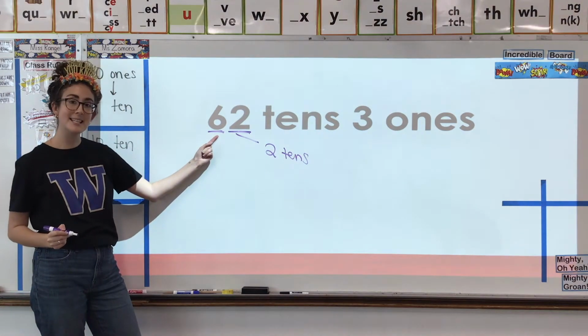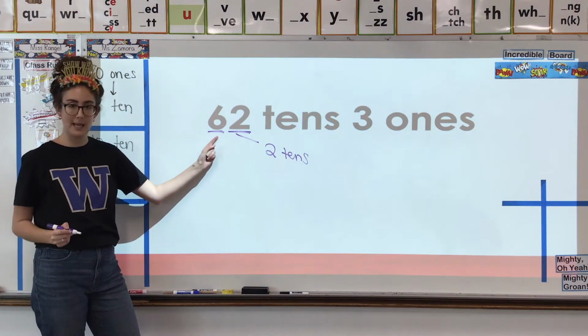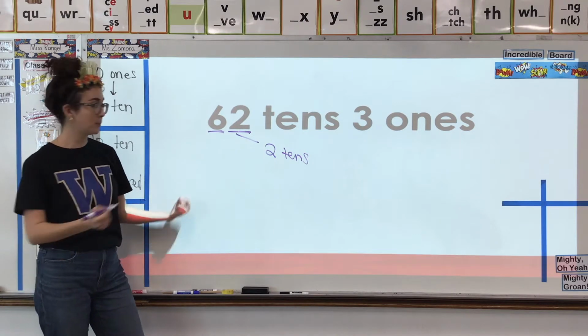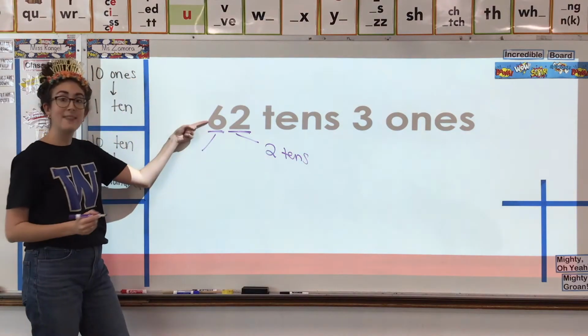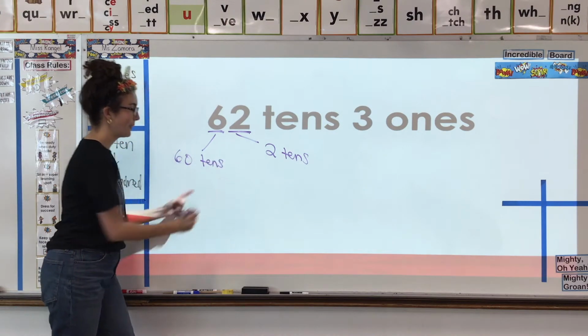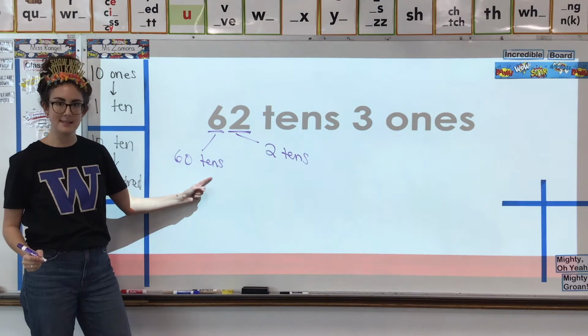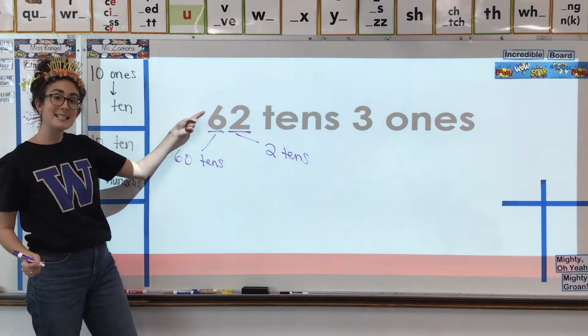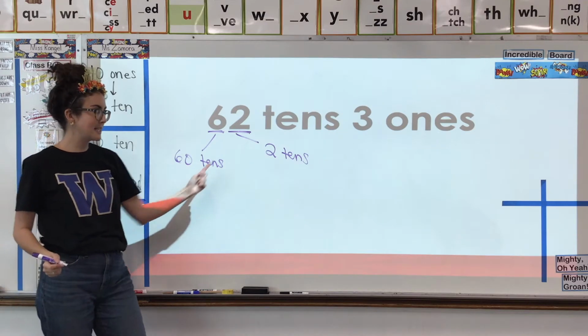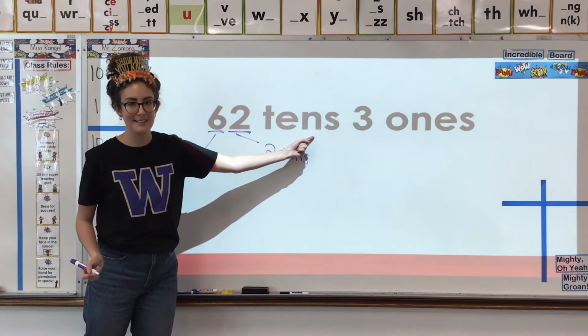But the 6 is in the tens place. So if we were to take out this group, our 6 in the tens place would become a group of 60 tens. We know 6 tens is 60, but there's 60 tens.